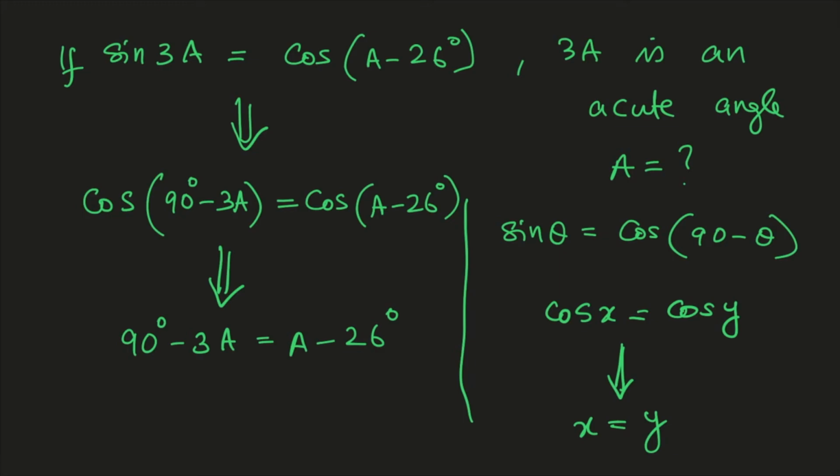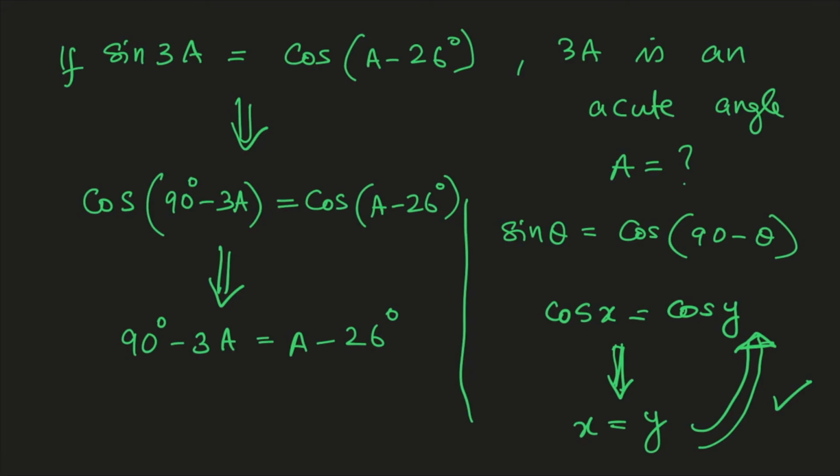But the other way around is true. If x is equal to y, you can write cos x is equal to cos y. This is true, but the other way around is not always true. Cos x is equal to cos y does not necessarily imply x is equal to y, that you will see in the upcoming lessons.